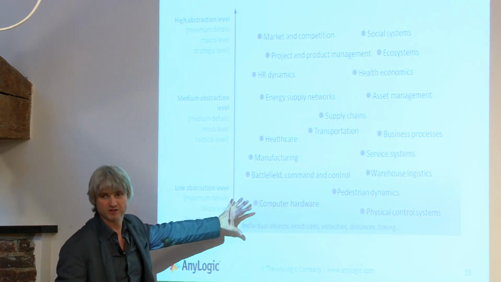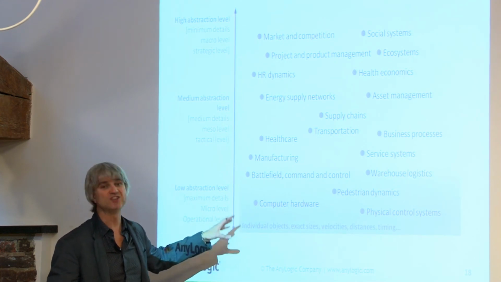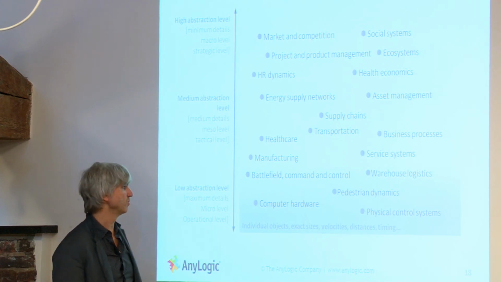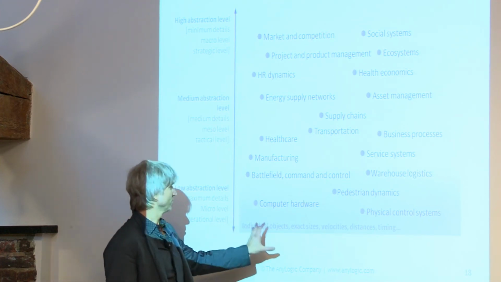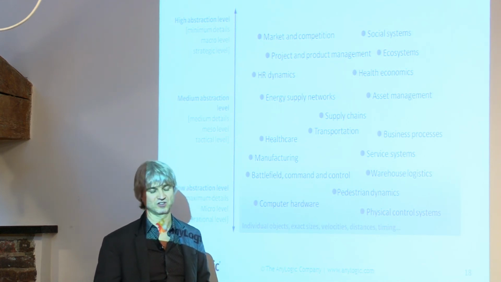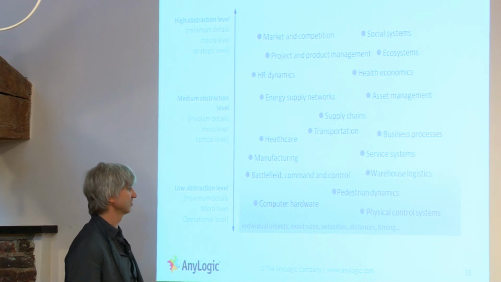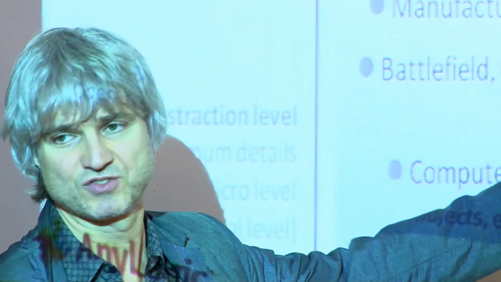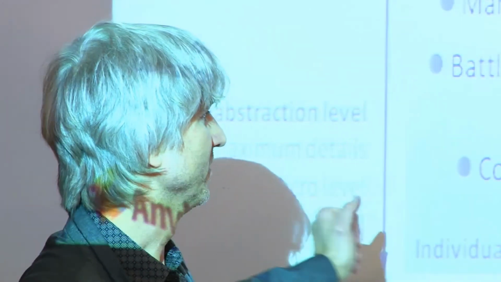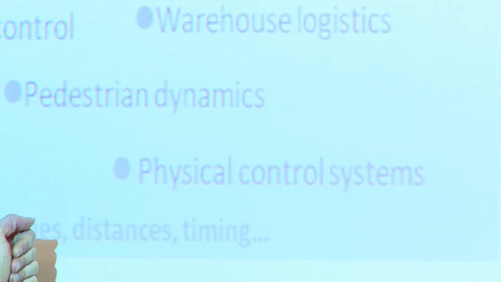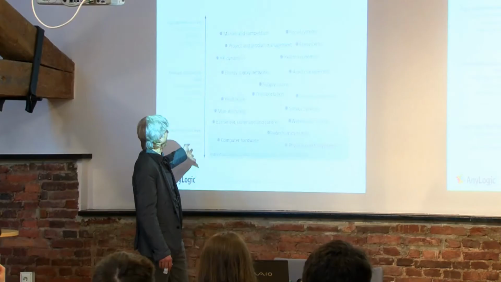Down here we have very detailed models where we capture a lot of things and model individual objects, sizes, velocities, meters and seconds, physical interaction, and so on. Examples: pedestrian flows, like evacuation of a sports stadium, or a control system, let's say the ABS system in a car.